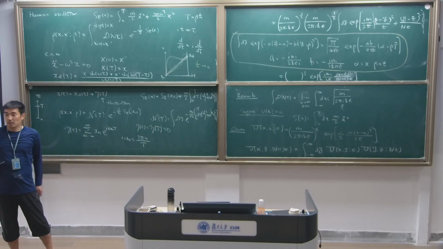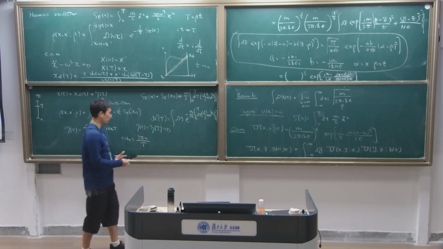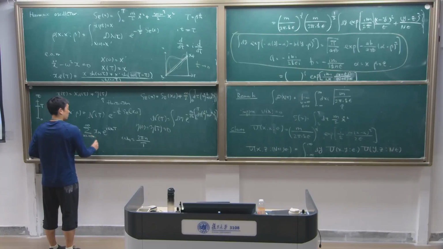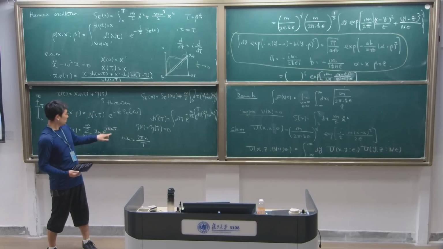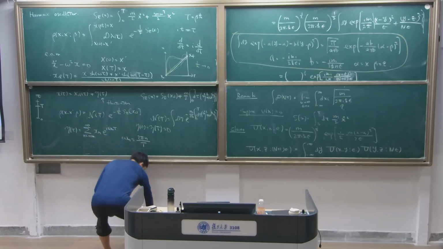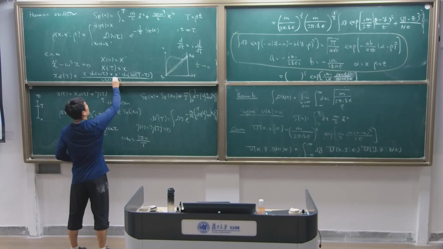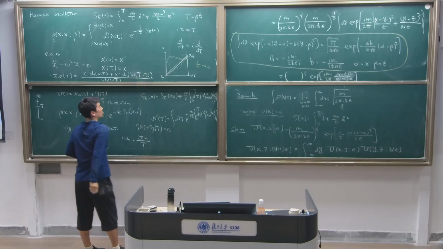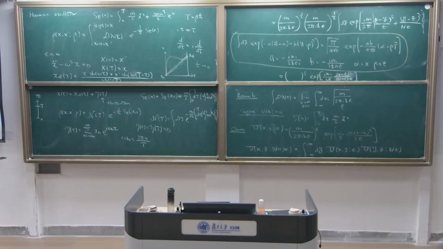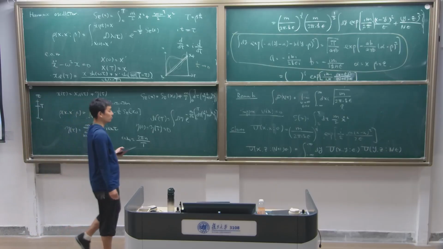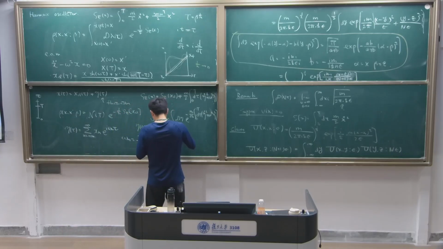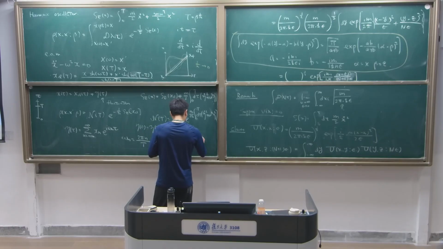Are you with me? n is of course an integer, and then plug that into the action. So this action can be understood as m capital T divided by 2, sum over n from minus infinity to infinity of omega_n squared plus omega squared times x_n squared.